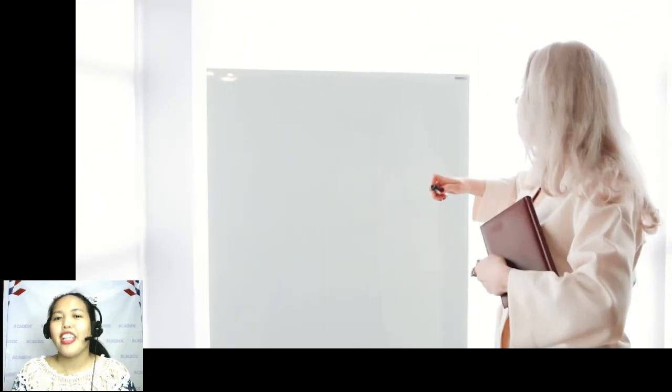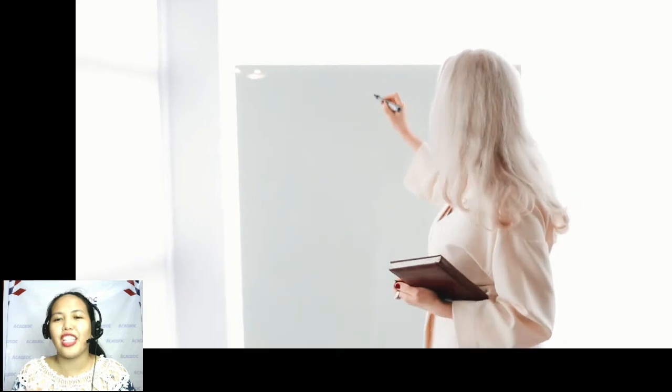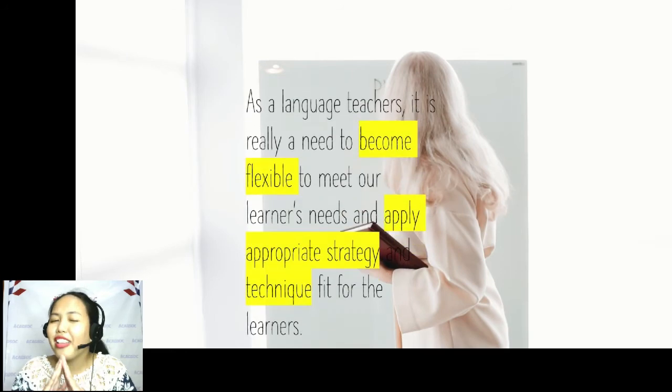With this, it proves how teaching the language varies in different levels. As language teachers, it is really a need to become flexible to meet our learners' needs and apply appropriate strategies and techniques fit for the learners.